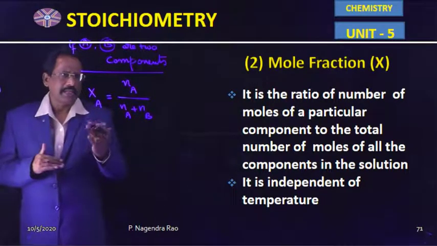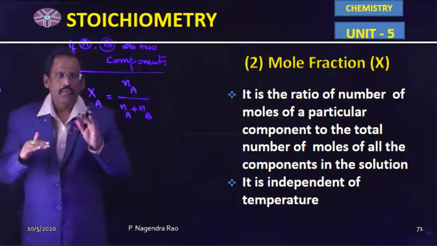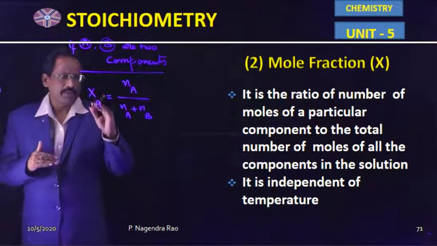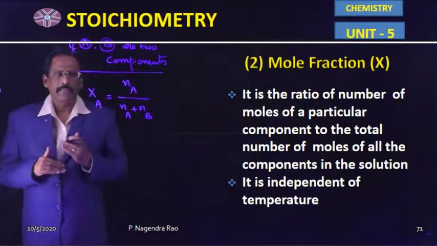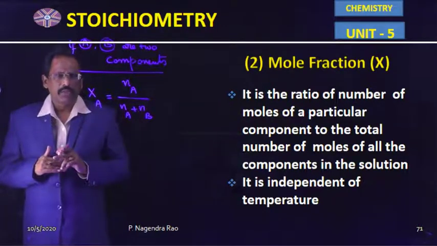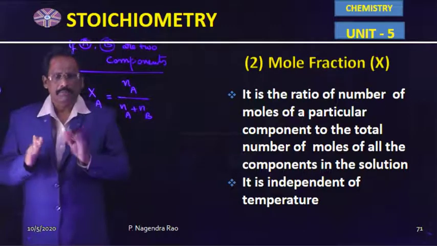So the formula used to calculate mole fraction is the number of moles of that component divided by the total number of moles of all the components.